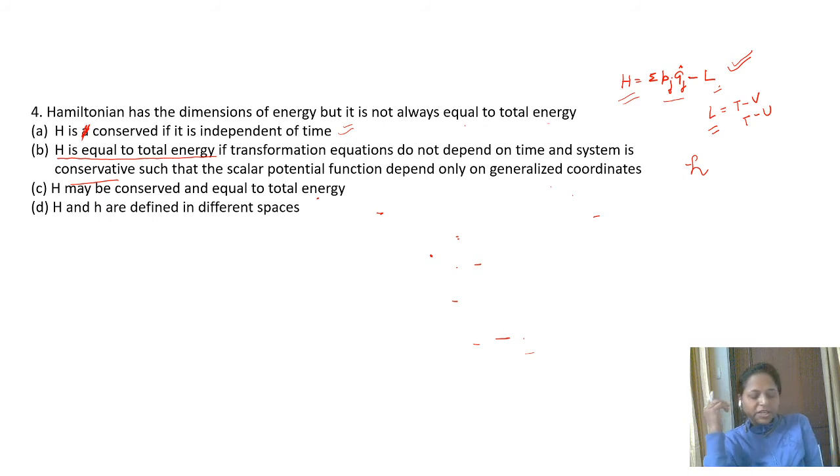Then h and H are defined in different spaces. As I told you, this small h is defined in configuration space, and capital H is defined in phase space. This is the big difference between the two functions.